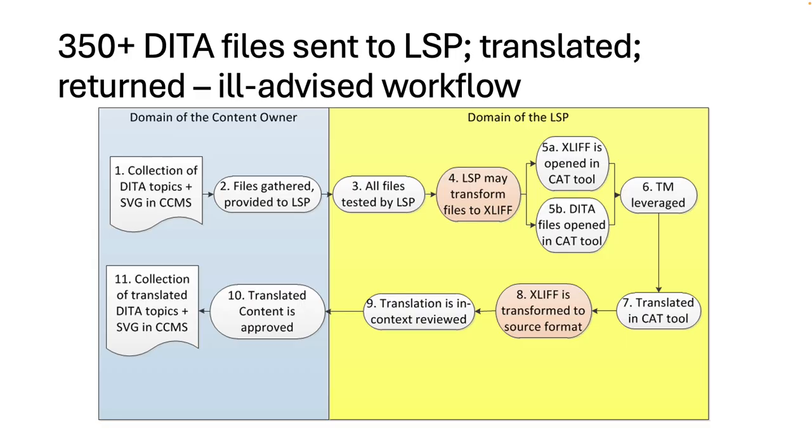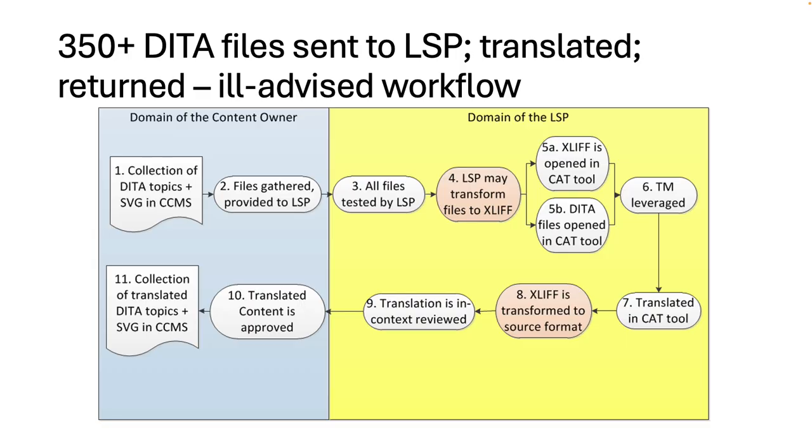Option A would be XLIF would be opened in a computer-aided translation tool, or option B would be the DITA files are opened one by one in the computer-assisted translation tool, CAT tool, computer-aided translation. They would leverage TM in step 6. They would translate in the computer-aided translation tool all 350 topics.